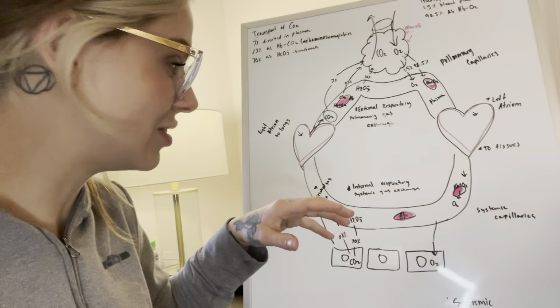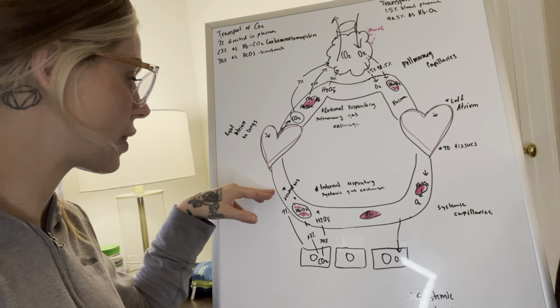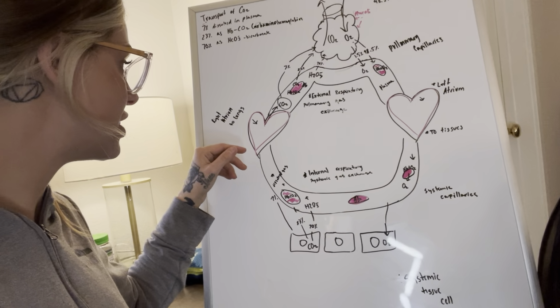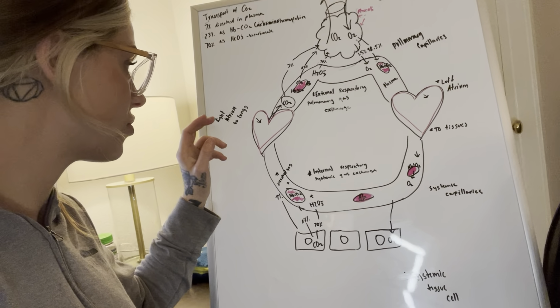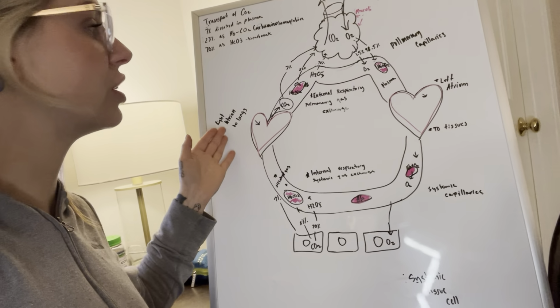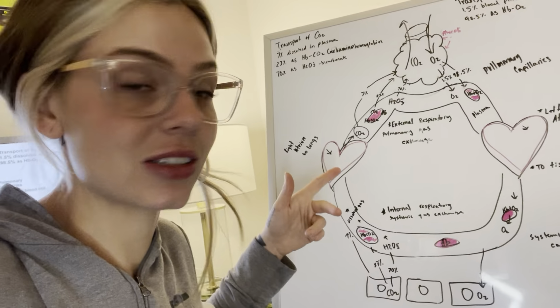Moving forward, we're going up. We enter into the right atrium of the heart through the superior vena cava, and then we're going to go into the lungs, right?